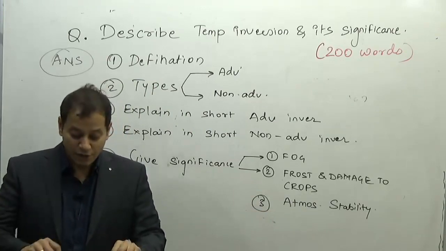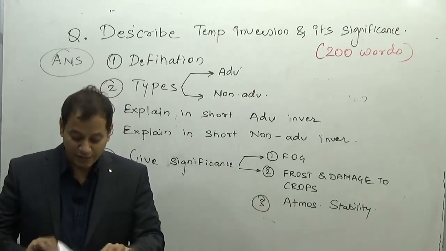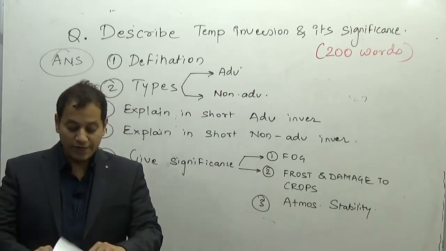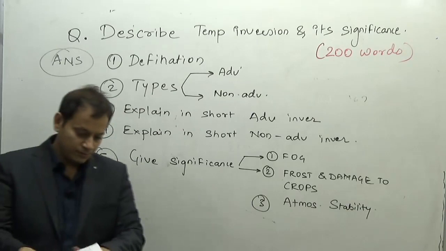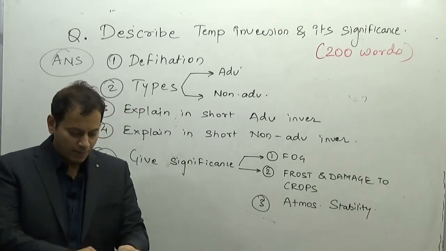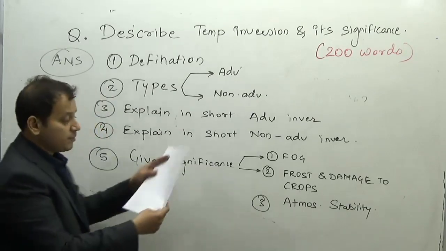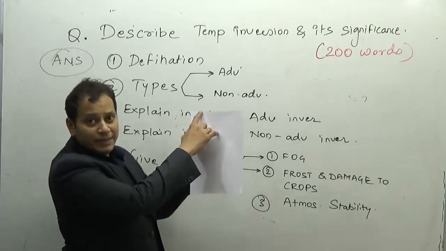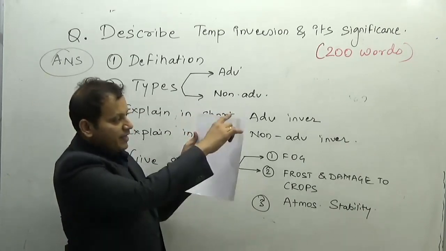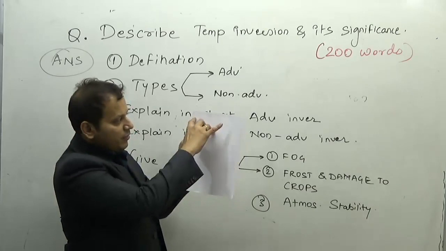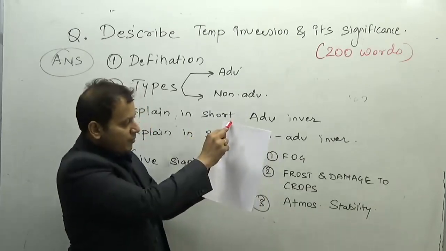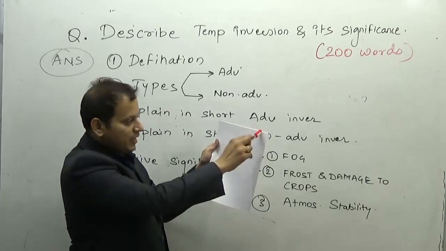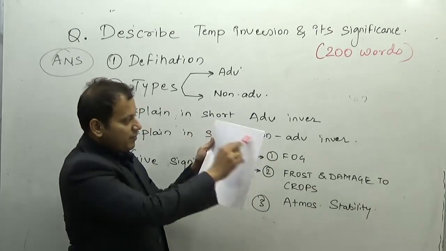For that, what you can do, you can take any A4 size paper and fold it. Take a big scale, draw a line from up to down, another line from up to down, a third line, a fourth line.